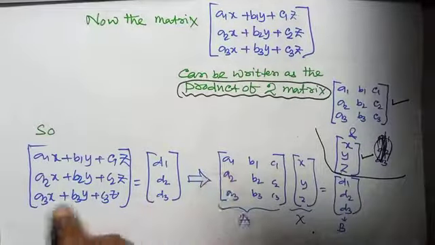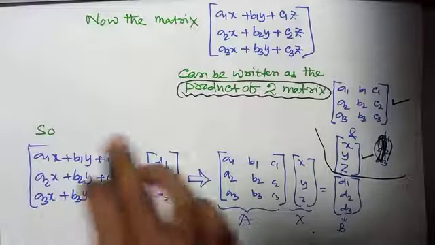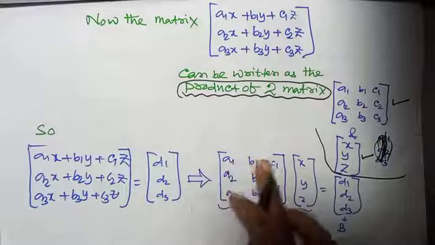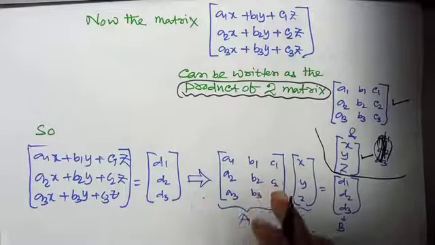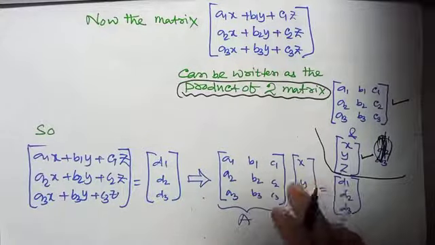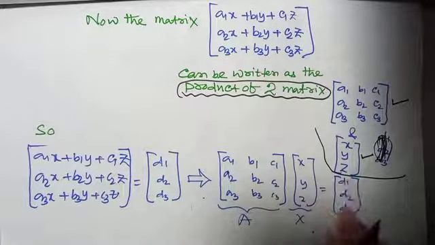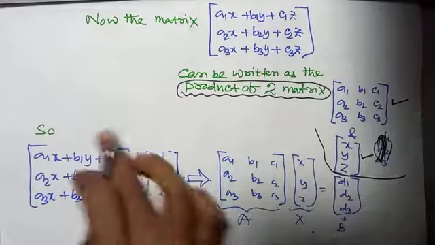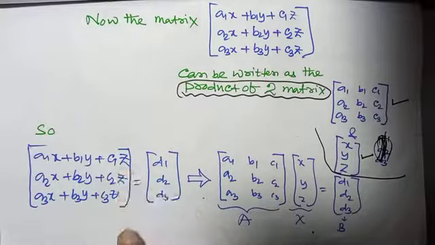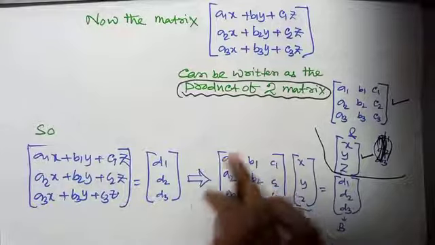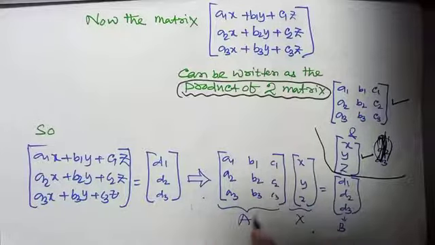So now this equation will be the matrix a1 b1 c1, a2 b2 c2, a3 b3 c3 multiplied by the matrix x y z, equals d1 d2 d3, because the matrix can be written as the product of two matrices. Let's say this matrix is the A matrix, this matrix is the X matrix, and this is the B matrix.